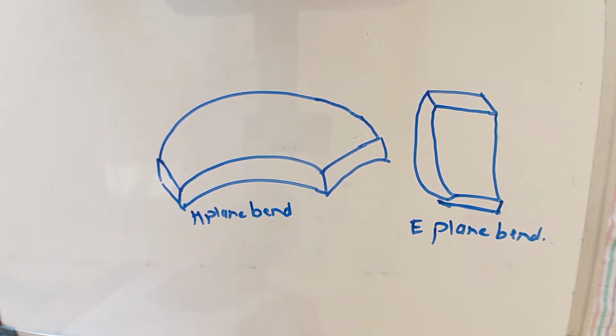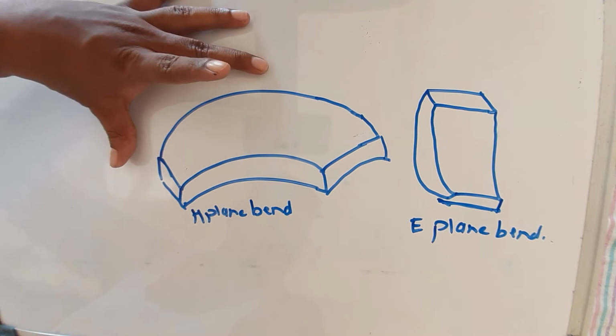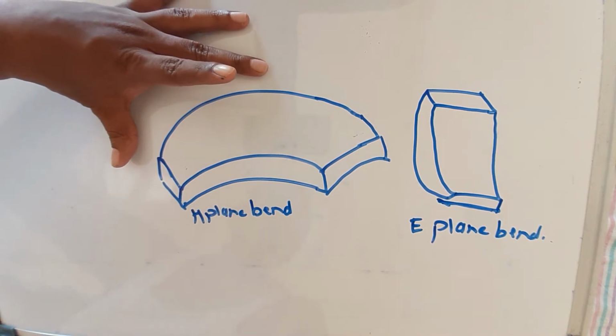So it is a piece of waveguide smoothly bent in a plane parallel to the magnetic field, which is the magnetic field for the dominant mode.